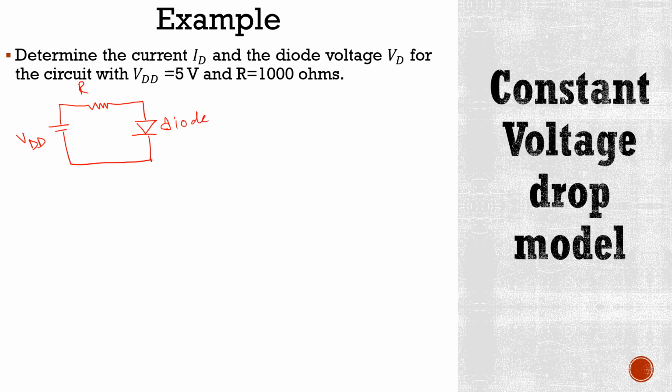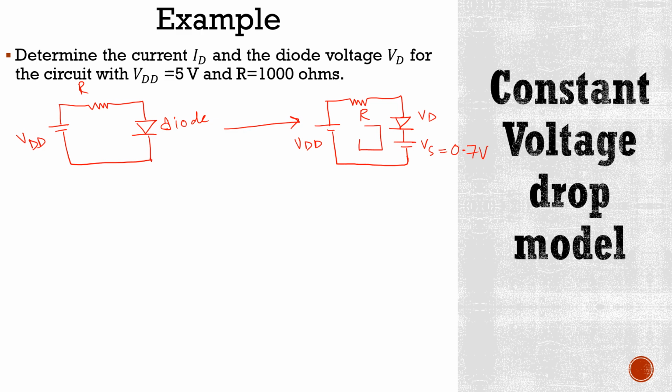Now what will be its equivalent constant voltage drop model? It will be something like this, where this real diode is replaced by an ideal diode and a voltage source. This is VDD, this is R, this is VD, and this is a voltage source which has a constant voltage drop value of 0.7 volts.